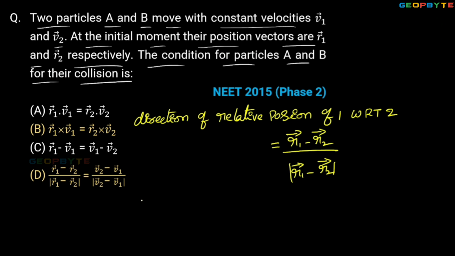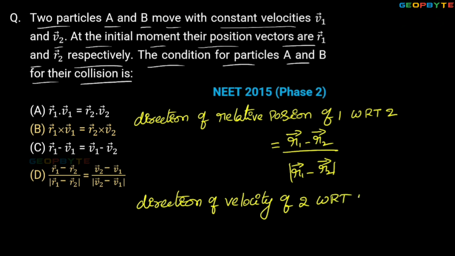Similarly, the direction of velocity of two with respect to one equal to v2 minus v1 divided by modulus of v2 bar minus v1 bar.